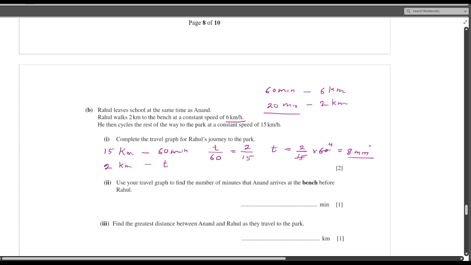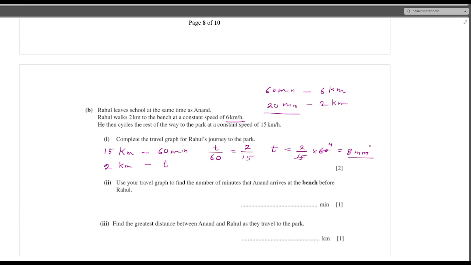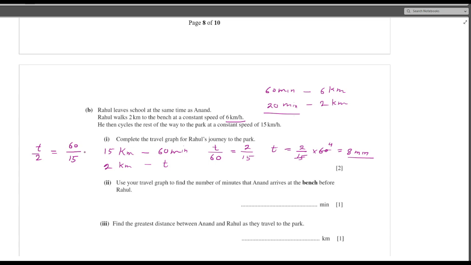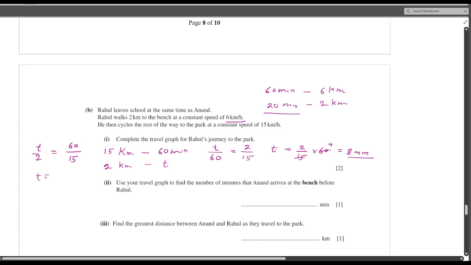Okay, so when two variables are in direct relation, their ratios are the same, their ratios are constant. So I can say that t divided by 2 will be the same as 60 divided by 15. By this also you will get the same result, t equals 8 minutes.